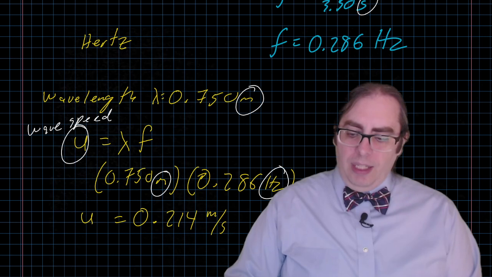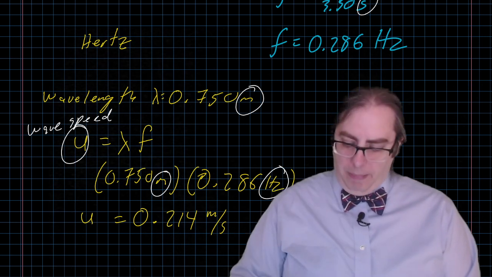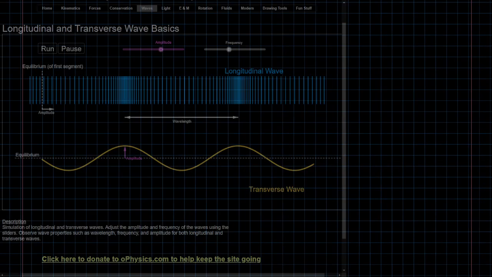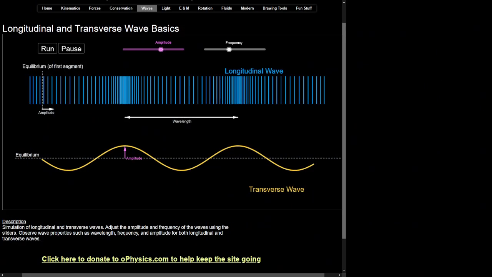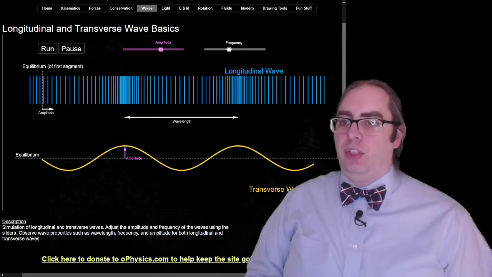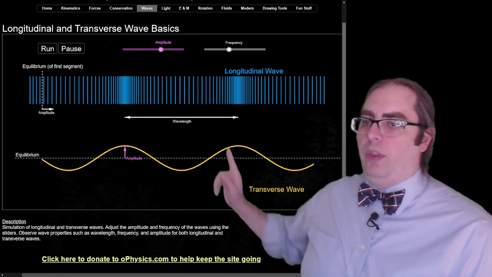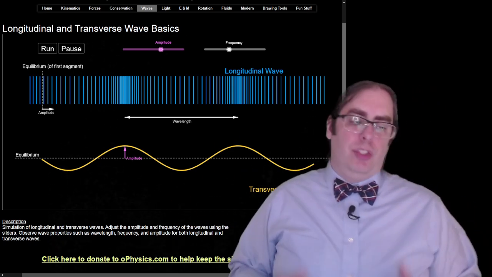All right. One last thing about waves. There are two forms that a wave can take. The model that we've been looking at is what's known as a transverse wave. So this model, like an ocean wave where things go up and down, is a transverse wave.